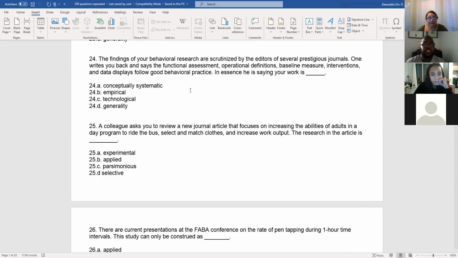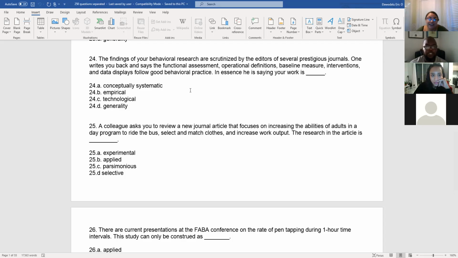The findings of your behavioral research are scrutinized by the editor of several prestigious journals. One writes you back and says the functional assessment, operational definition, baseline measure, intervention, and data displays follow good behavioral practice. In essence, he's saying your work is conceptually systematic.